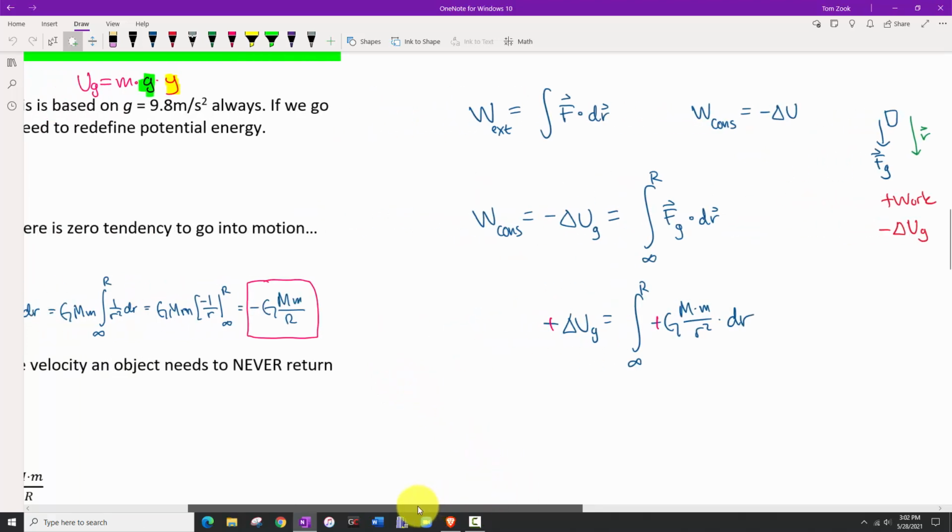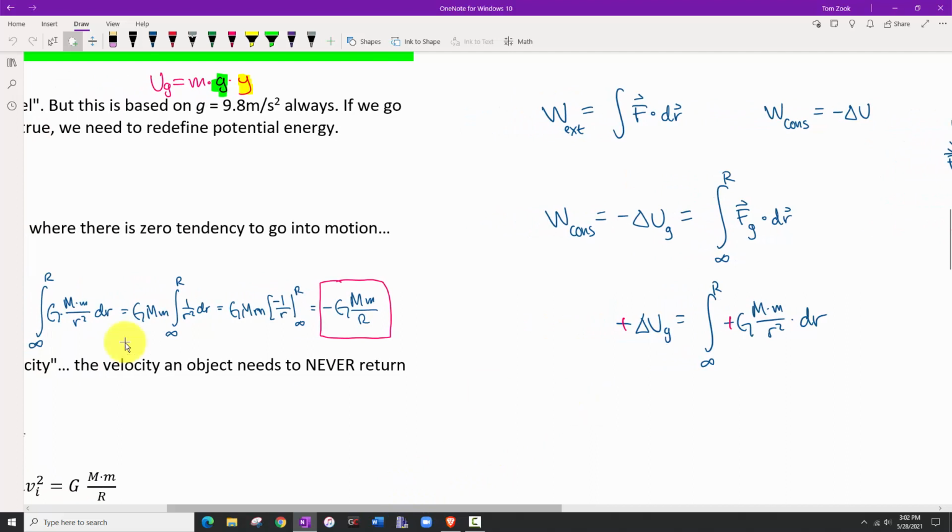So just taking a slightly different approach, this was simplified, this is more accurate, we end up getting the same integral. And if we process that, we get a change in potential energy that will be equal to negative G times mass of the planet, mass of the object, over r. So we get the same result, just from a slightly different approach. Maybe one that's a little bit more realistic and less simplified.